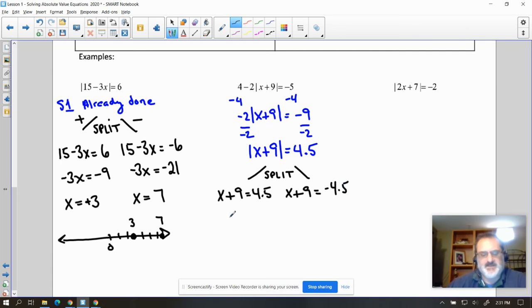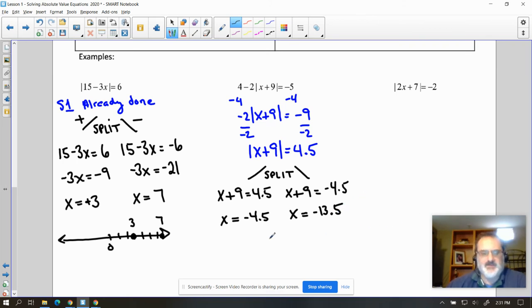Let's see what this gets us when we solve. So x comes down. If we subtract 9 from both sides, I would guess it's negative 4.5 minus 9 is negative 13.5. And minus 9 from both sides, x comes down equal to negative 13.5.